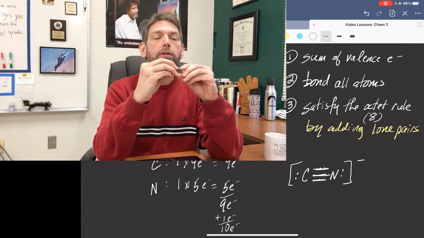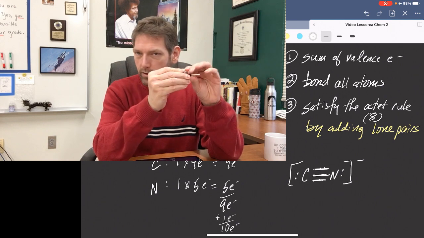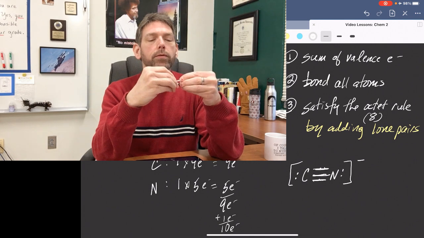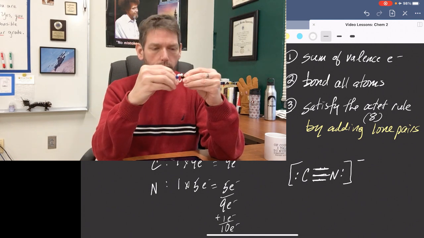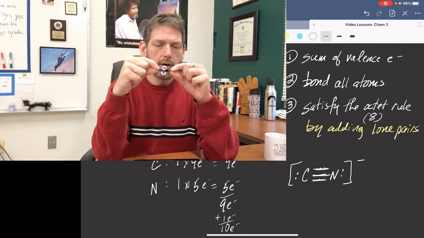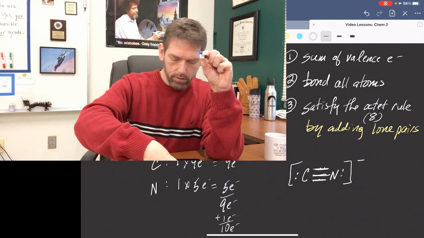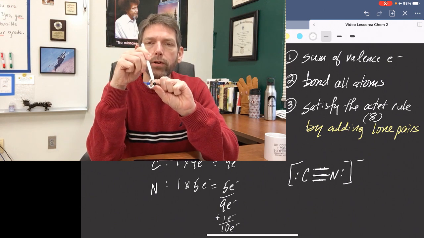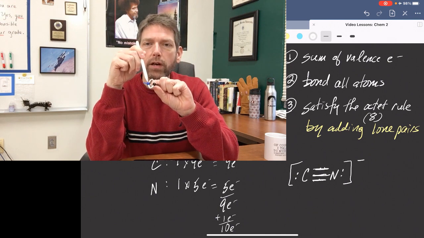The reason is because it helps us physically see the regions of space that exist. And so there's our carbon atom. There's our nitrogen atom.